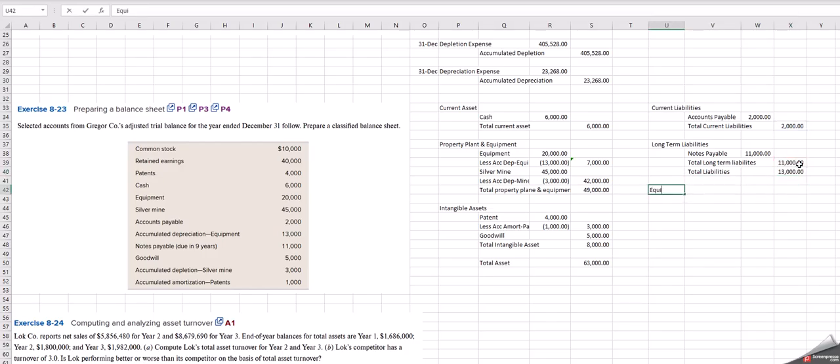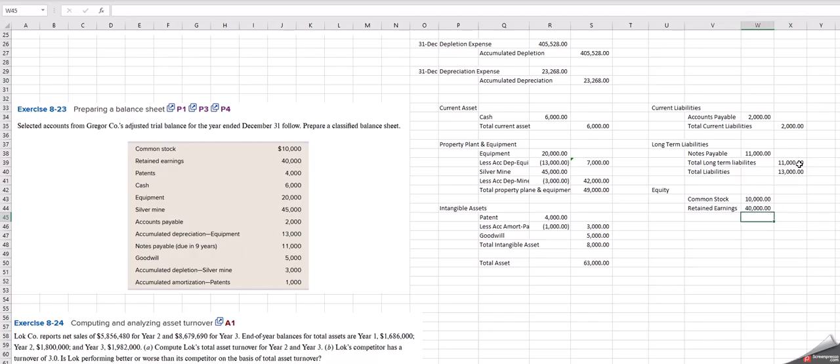Then we would have our equity. So common stock, 10,000. Retained earnings of 40,000. And I think that's everything.